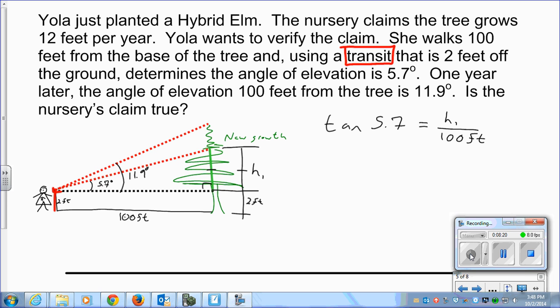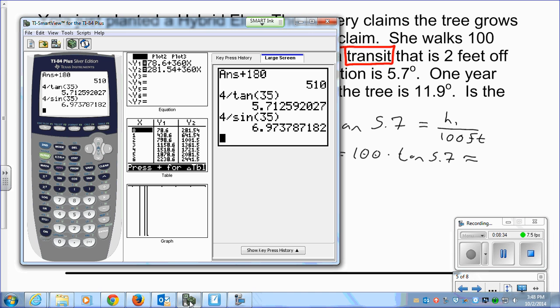So I solve this out, and I get H1 is equal to 100 times the tangent of 5.7, which is going to be approximately equal to 100 times tangent of 5.7, making sure our calculator's in the right mode, and we get 9.98 feet tall.